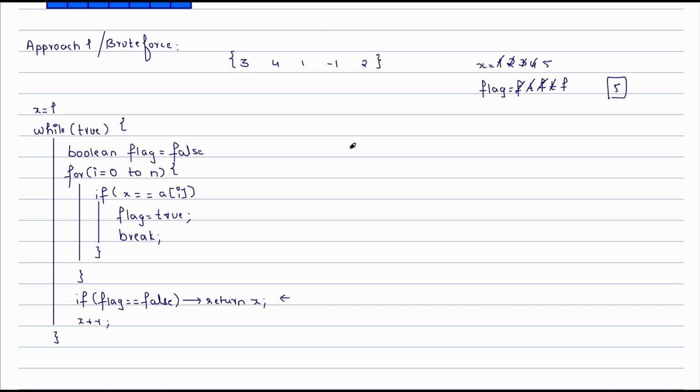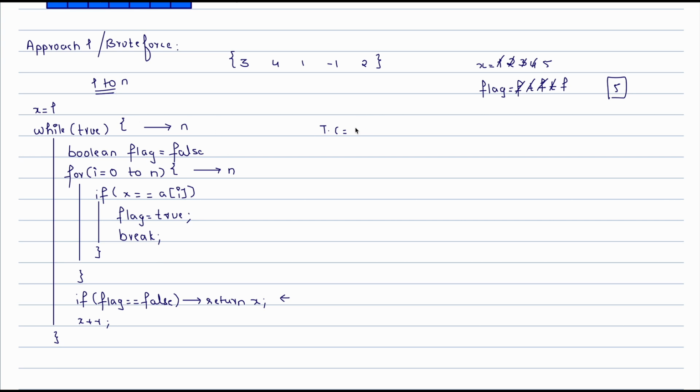But now let's see the time complexity. Every time I have to search the value of x inside the array, so this will take n time, right? And this while loop will also take n time, because the value of x is running from 1 to n.